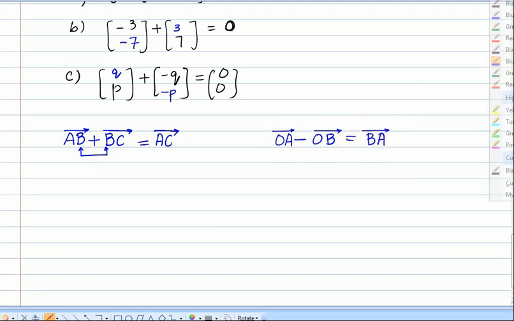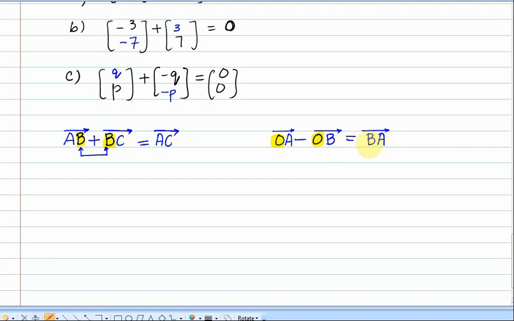Now what is actually happening in subtraction? For subtraction, the first letter of each vector must be same. Like for addition, we say that the second letter of the first and the first letter of the second must be equal. For subtraction, the first letter of both the vectors must be same, and the answer will be written in the reverse order, right?